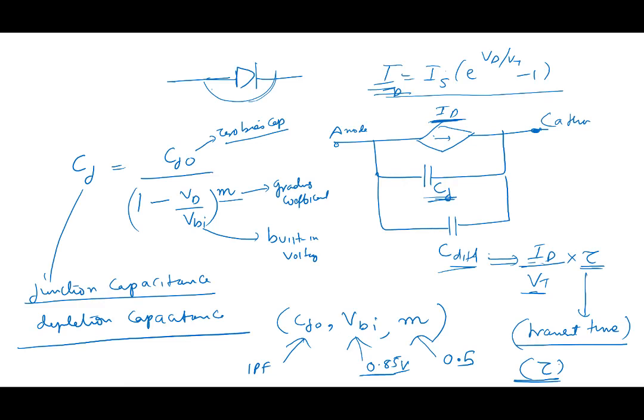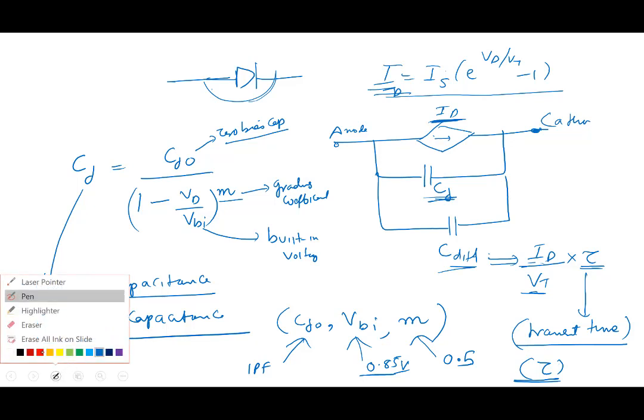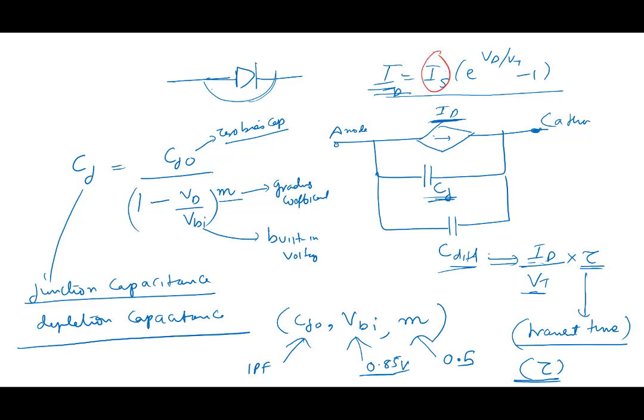So if you want a complete description of your diode in the forward bias, how many parameters do you need? You want to use the diode for some circuit, how many parameters do you need? Properly, you need what? Well, start with IS, and there is an N also here.